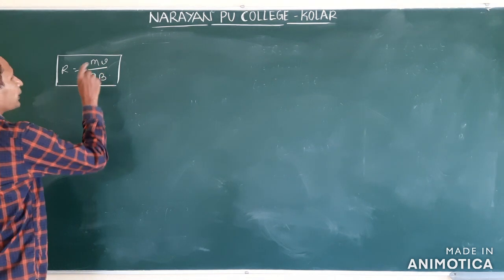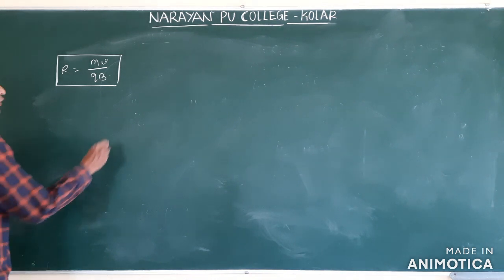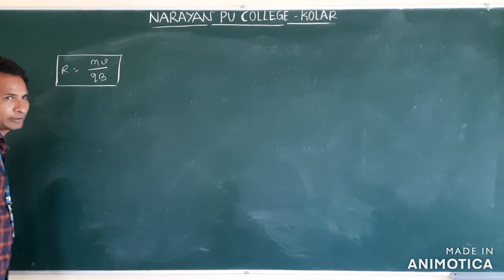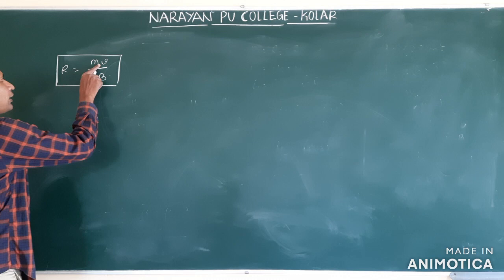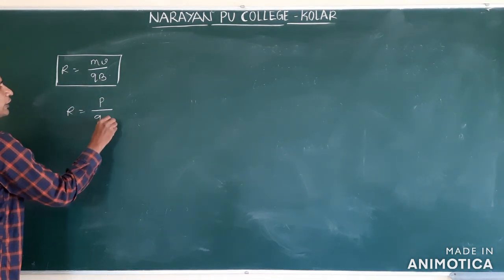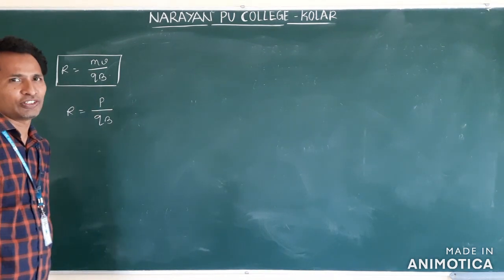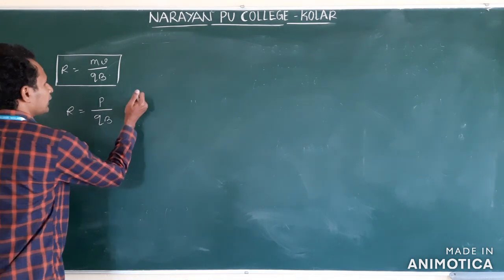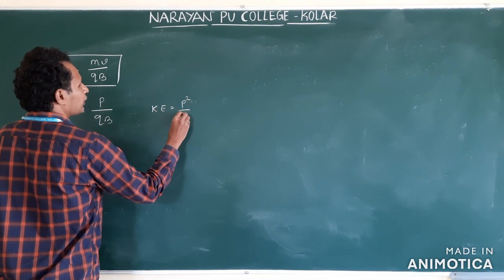This we can express in terms of energy. Clear? Based on the question, we need to alter the formula. If they provide the energy of the particle and ask for the radius, then we can write R is equal to P by QB, where m into v is the momentum. You already studied the relation between momentum and energy: kinetic energy is equal to P square by 2m.